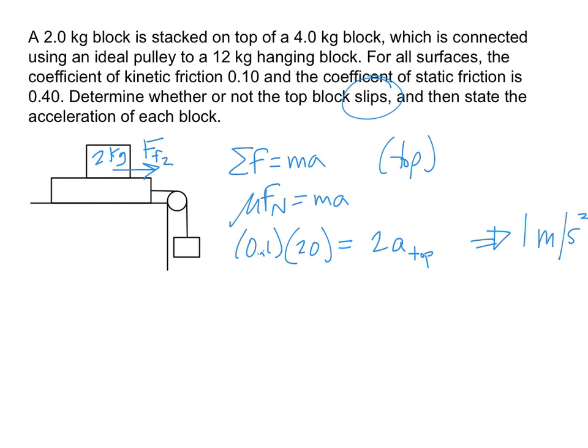Now we'll take a look at the rest of the system, and I don't need to look at these 2 blocks as individuals because they do move together. They're connected by the string, and so now it's like I have this mini ideal pulley system.